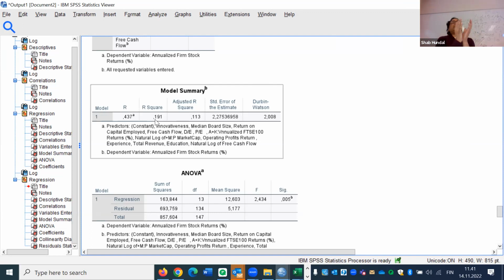So why are you able to explain less than 100%? Because you might not know some other variables. For example, in this model, did I take something about politics, political situation, law and order? Did I take it? No, they could be the reasons. But what I'm trying to say is that the variables which theory has told me to pick up in the lit review are only explaining 20% change in the dependent variable.